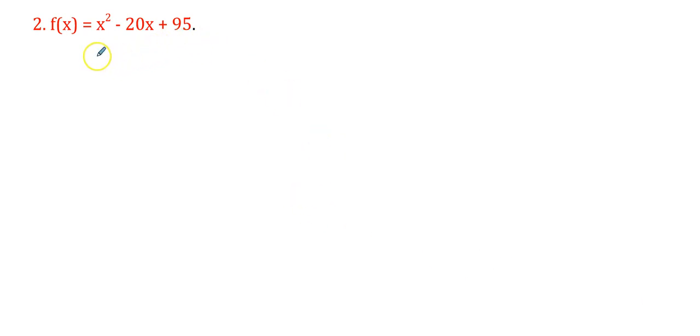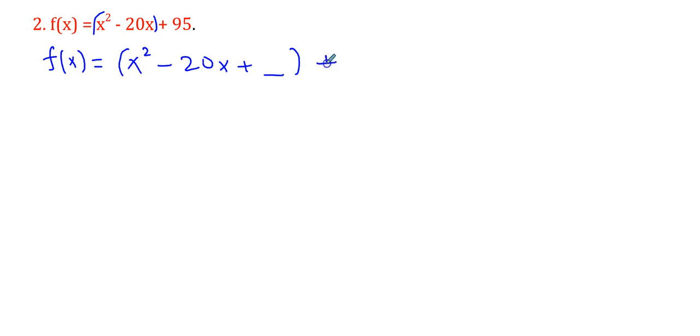Okay, in this case, we have f of x is equal to x square minus 20x plus 95. These two are together, right? I have to write them together. F of x is equal to x square minus 20x plus, I'll leave some space for the third term, plus 95.